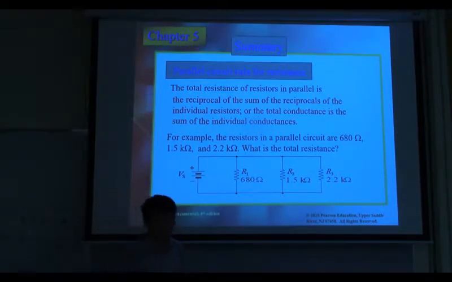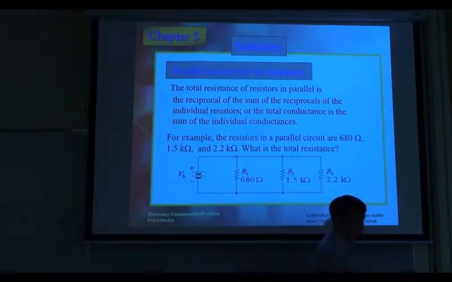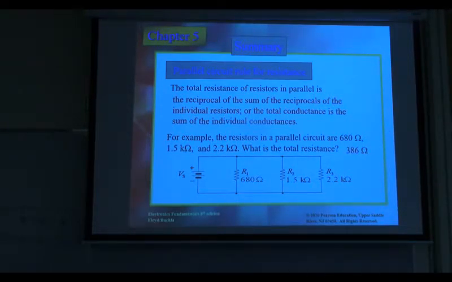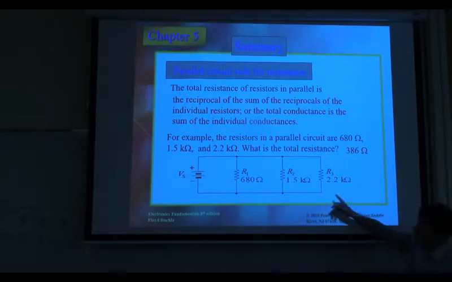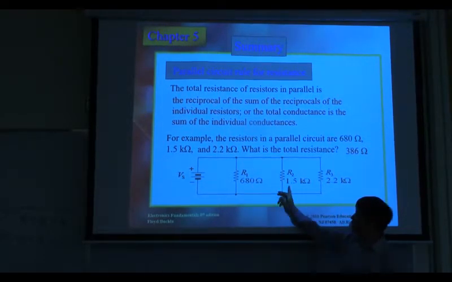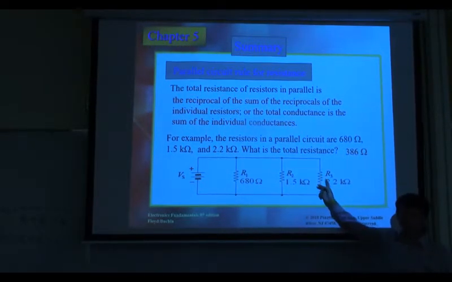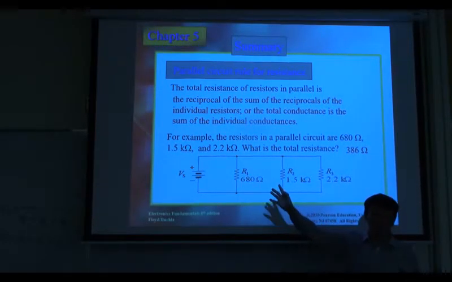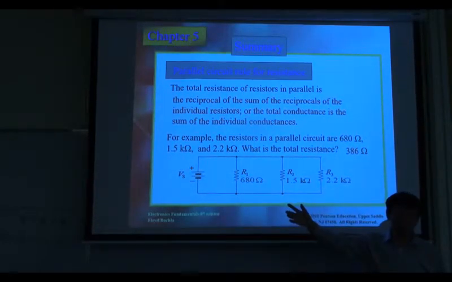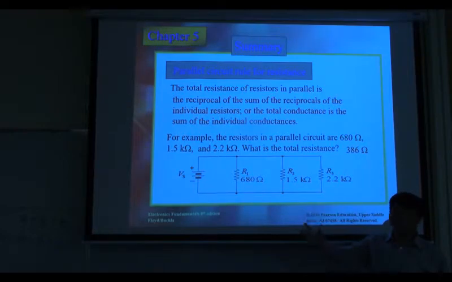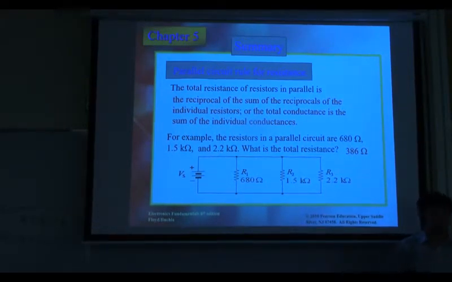Anyone get the same result? 386. It's good? Yeah. 1 over this one gives us the conductance, 1 over this one gives us the conductance, 1 over this one gives us the conductance. Add these three conductances, that is the total conductance. Then you take the reciprocal, you get this 386.